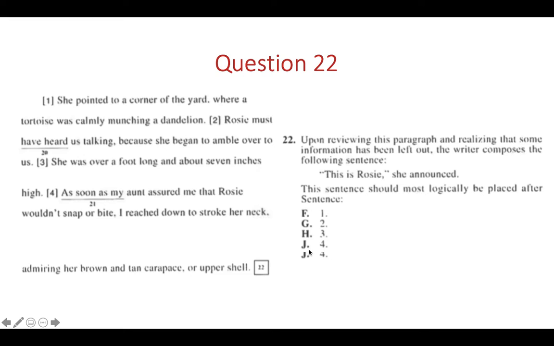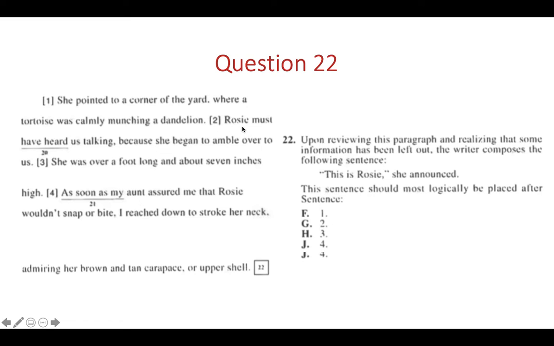So she pointed to a corner of the yard where a tortoise was calmly munching a dandelion. "This is Rosie." Rosie must have heard us talking because she began to amble over to us. Okay, so I'm not even going to read it in between everyone, although I would if I was actually doing it on the ACT. But clearly to me, this has to go right here.